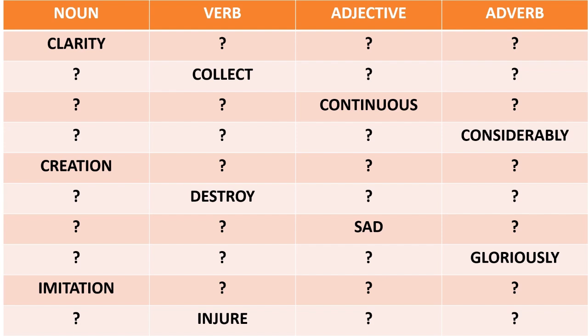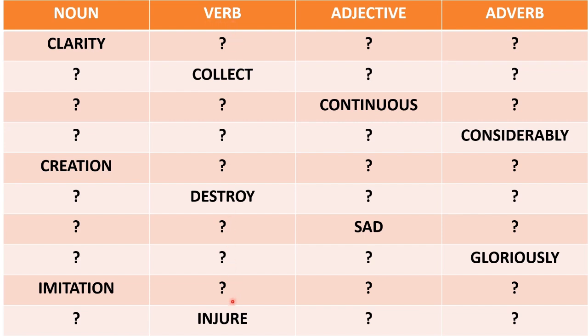Look at the table carefully. There are 4 columns, as you can see. The first one is noun, and there are some words here already. Some are missing. 3 are there and the remaining are missing. Then the next column is verb.